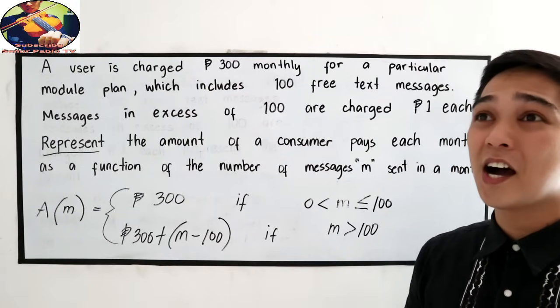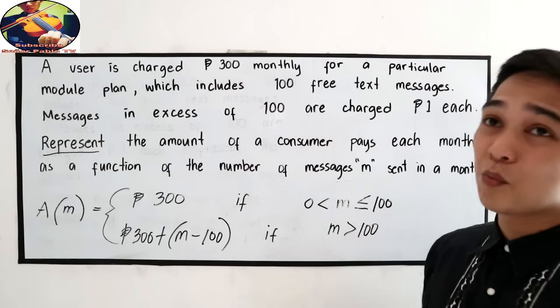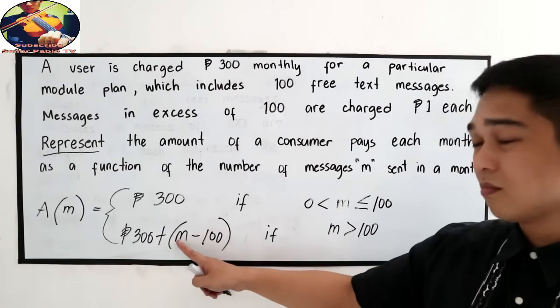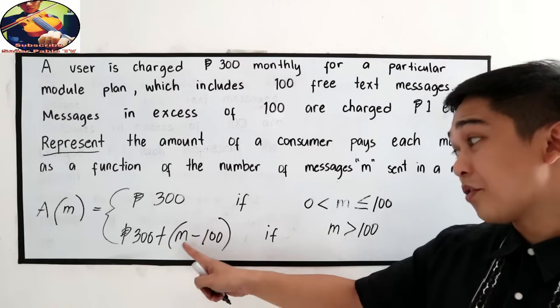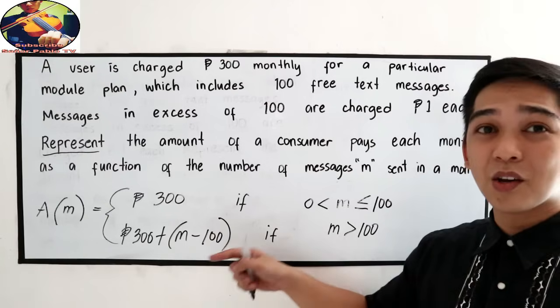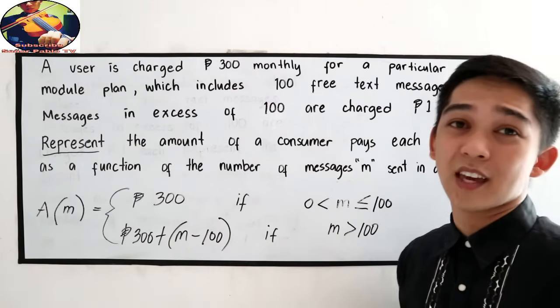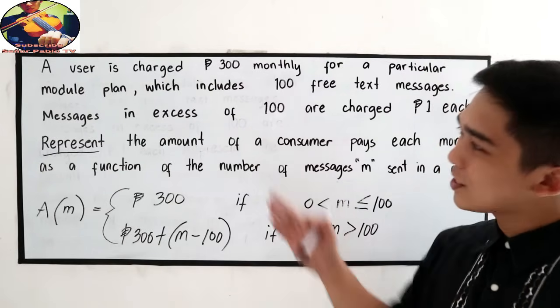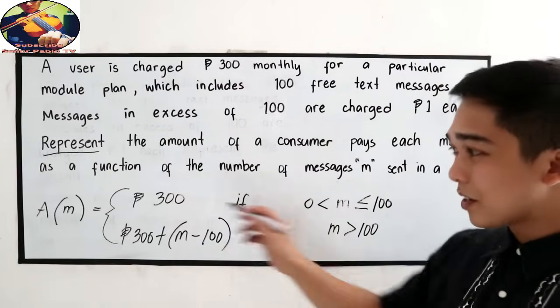O, let's say, na-message sa isang buwan ay 200. So, yung M natin is 200. So, 200 minus 100, yung base natin. So, 100 yung excess niya, 100 plus 300, 400 yung babayaran niya. So, ganun yung ating piecewise function na pag-represent sa kanya.